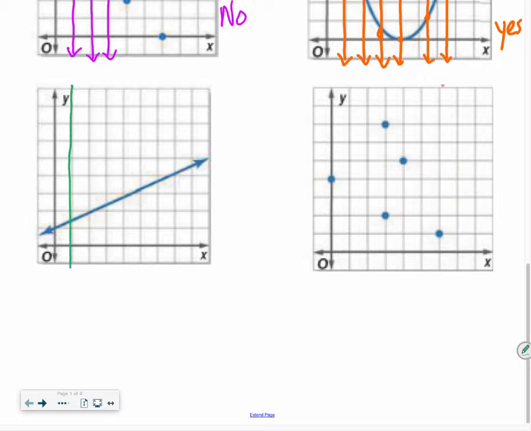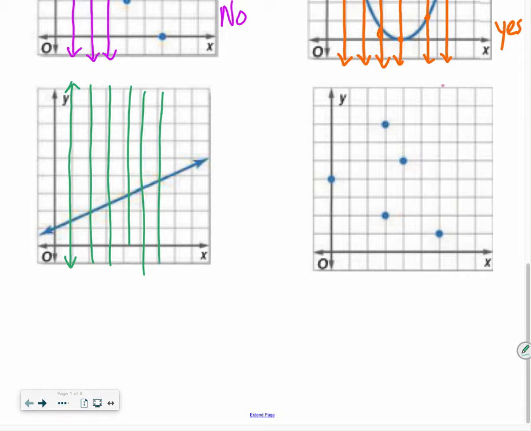And then I continue. If I draw a vertical line here, doesn't matter where I'm drawing them, I'm only crossing my graph at 1 point each time. So that means, yes, this is a function. All right, keep going to my next one. I hit it once. On graphs where there's dots, you really only have to draw vertical lines where there are dots.